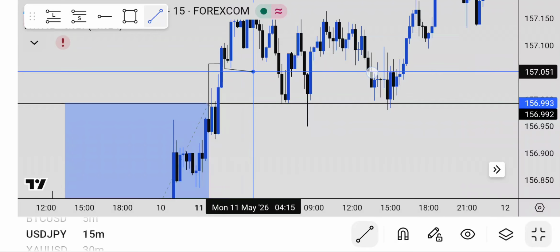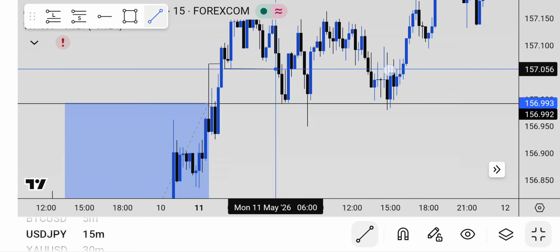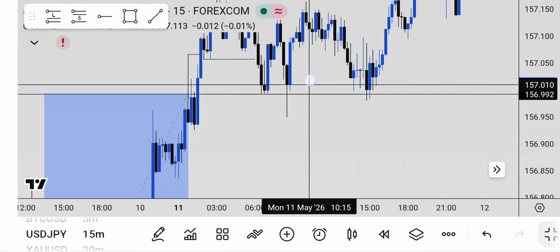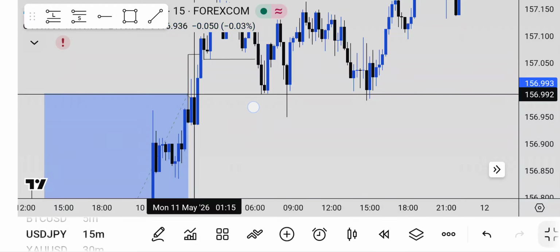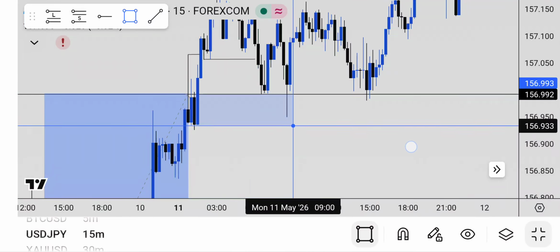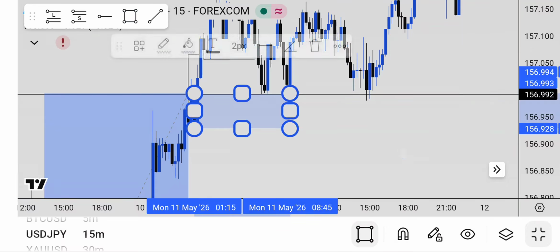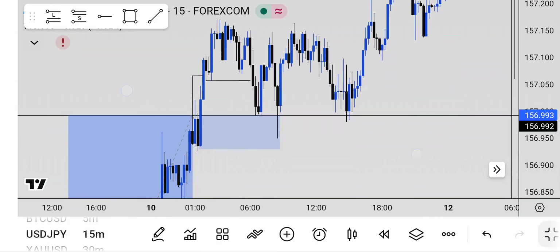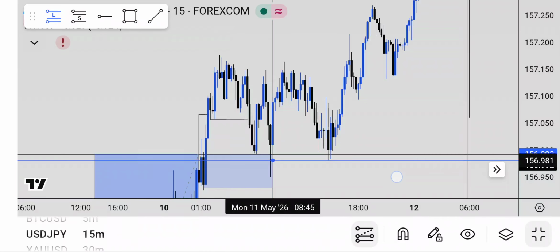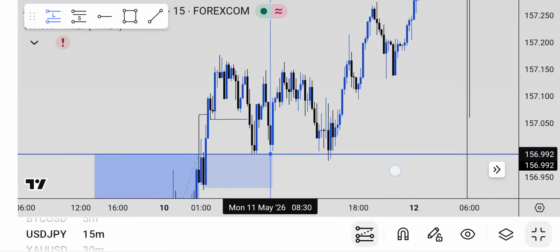This was the first pullback inducement, and this is my order block. This is right here. I literally mark from here. I put my stop loss here. I put my take profit here.